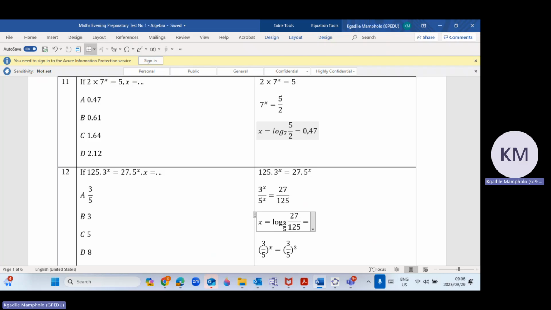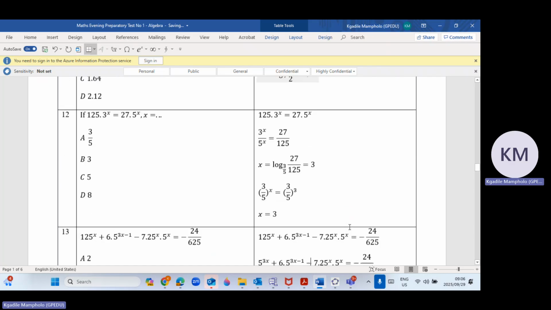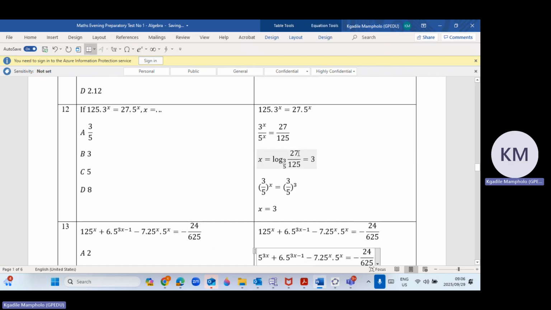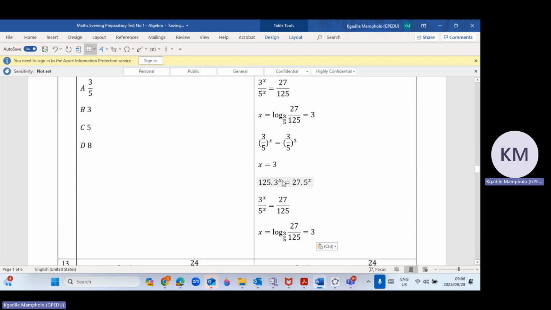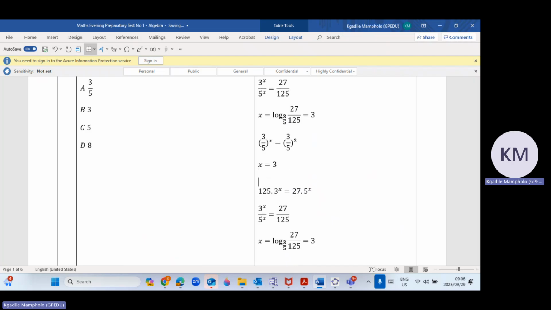I was just pressing on the calculator, then you'll see that you'll get the same answer as 3. So let me just put this one as the alternative method. I know that most of you are used to changing to prime factors, it's still fine. So I'm just saying, if you don't want to change the prime factors, you can use the log.